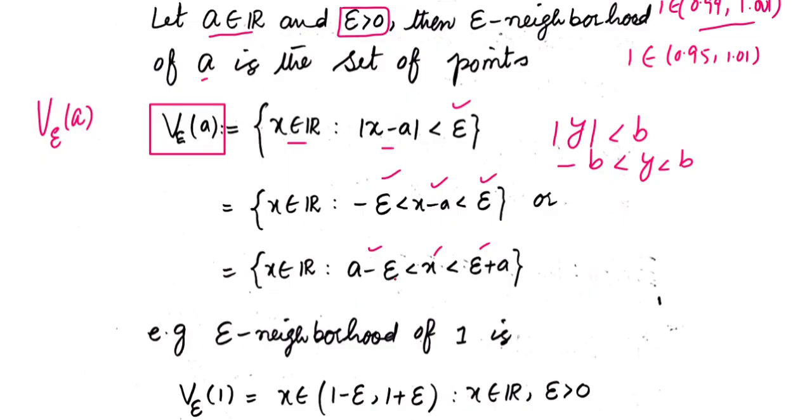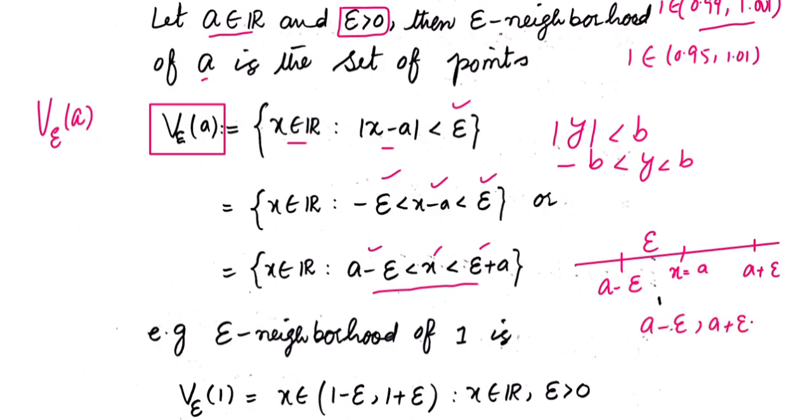So this open interval: this is x is equal to a, and at epsilon distance there is another point which is a minus epsilon, and this is another point which is a plus epsilon.